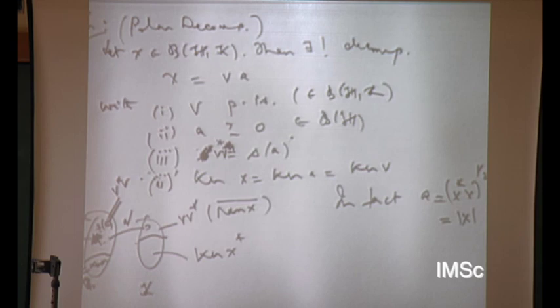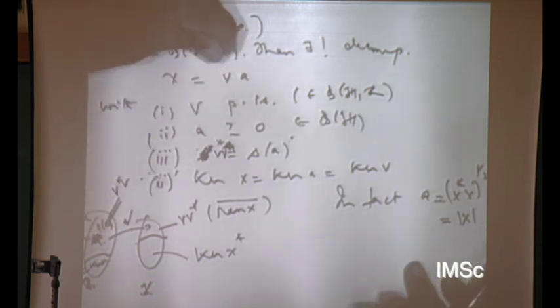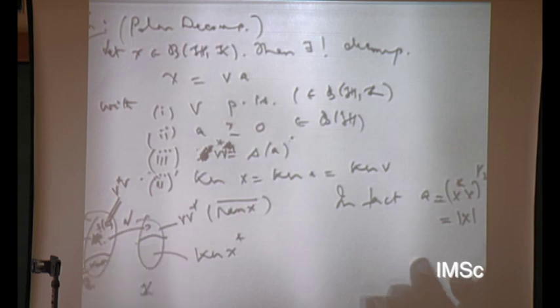The unilateral shift is a classic example: it is an isometry, and its adjoint is a partial isometry. So in order to have this decomposition with V being unitary, the kernel of X and kernel of X star must have the same dimension. That holds in finite dimensions, but in infinite dimensional space there is no reason why those two should be the same.